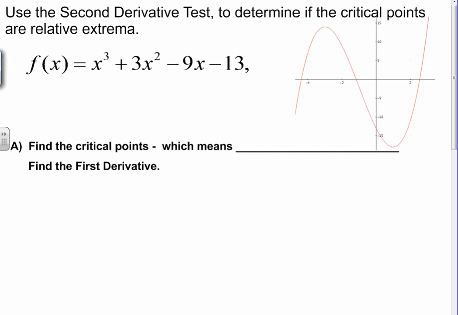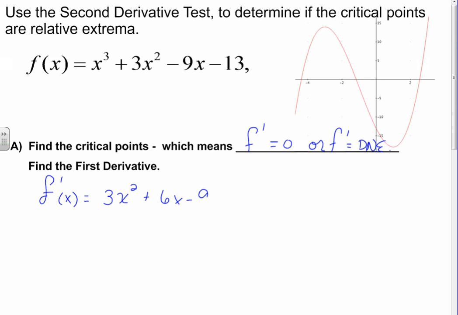Let's just do one example and call it probably close to good. Use the second derivative test to determine if the critical points are relative extrema. We are going to find our critical points, which means we take the first derivative, set it equal to 0, or look at where the first derivative does not exist. First, let's find our first derivative. f prime of x is equal to 3x squared plus 6x minus 9.